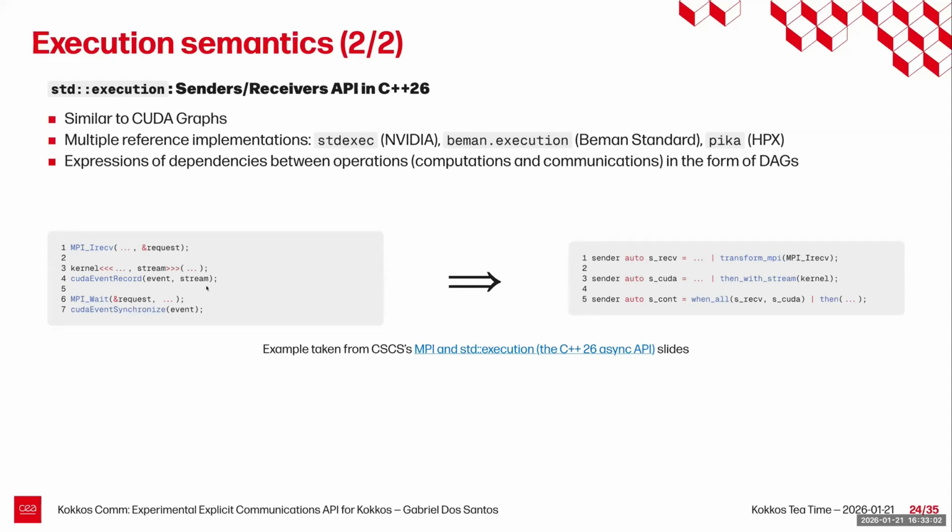With std::execution, you would be able to write a transform MPI, for example, which initiates the MPI call, as well as a then with stream that initiates a kernel, and in the when_all function, you pass the two senders, sender receive and sender CUDA. When both of these are completed, you can resume execution with something else.